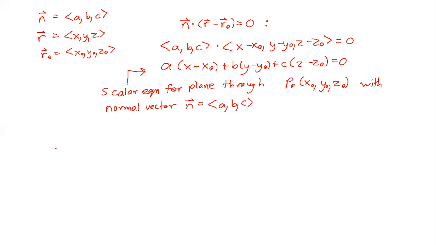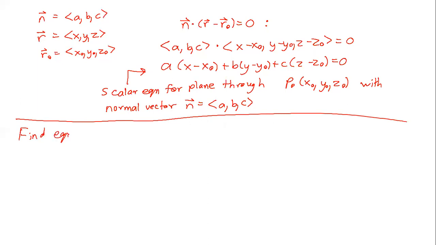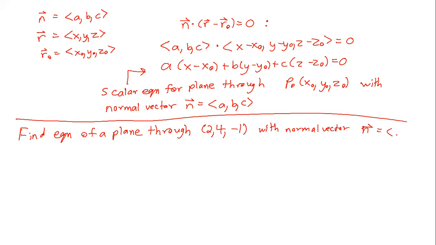And so as an example, if people want to do a quick example to make sure that you followed, find the equation of a plane through the point 2, 4, -1 in 3D space with a normal n equal to 2, 3, 4.